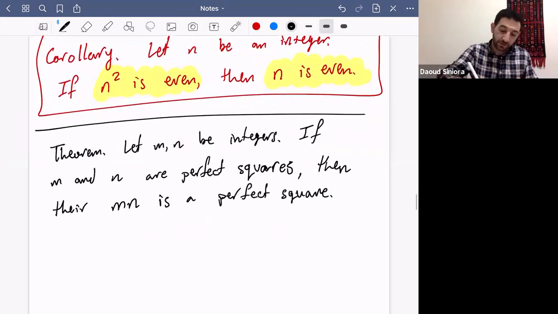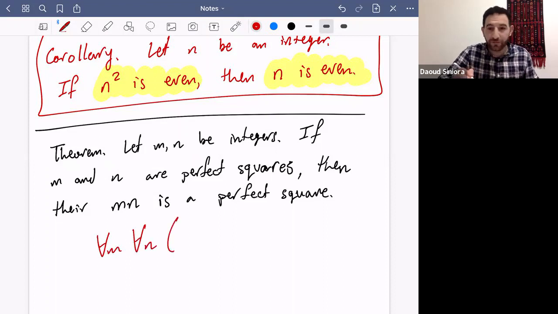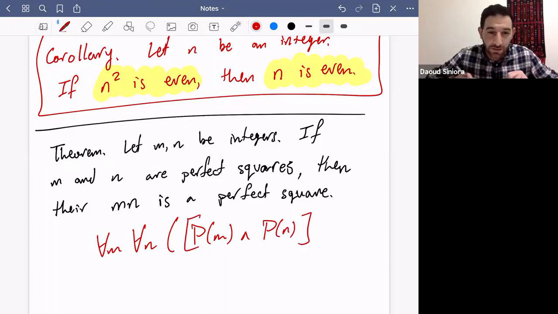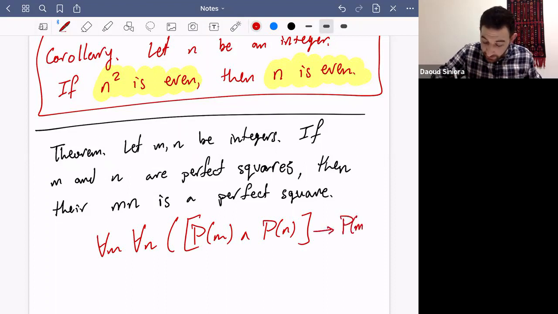Okay, so what is the logical form here? For every integer m, for every n, say p of n is a perfect square. So if m is a perfect square and n is a perfect square, so if we know these two pieces of information, then their product mn is a perfect square.